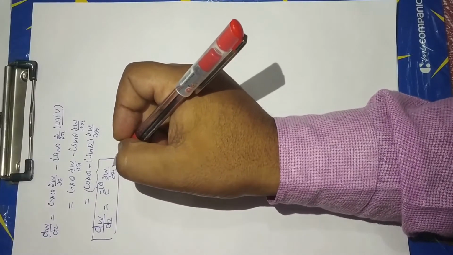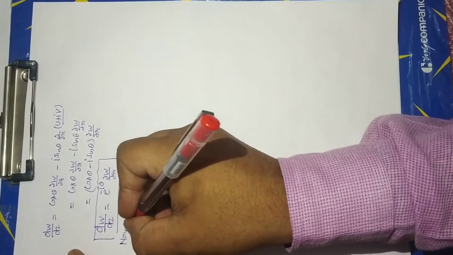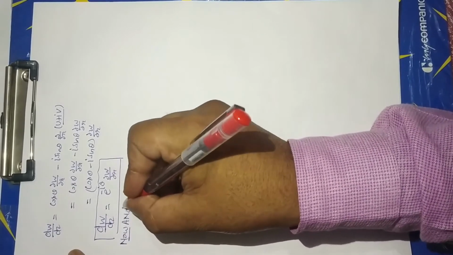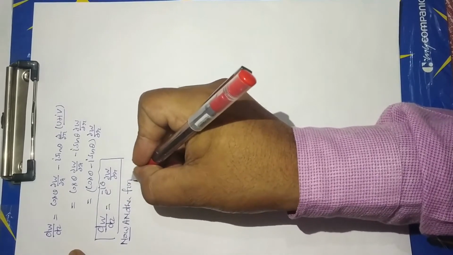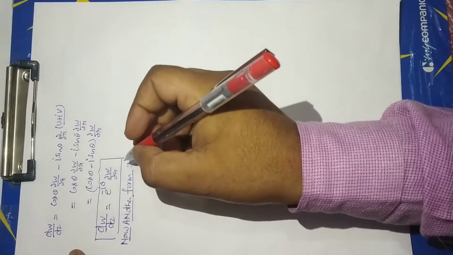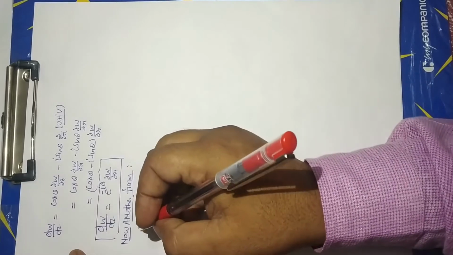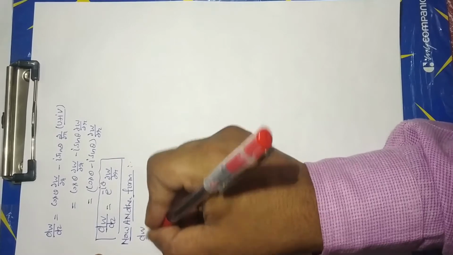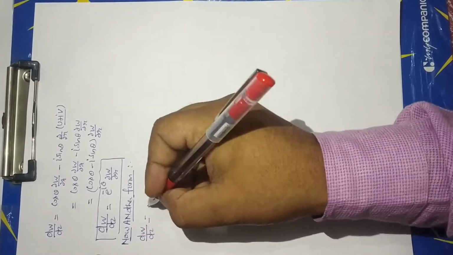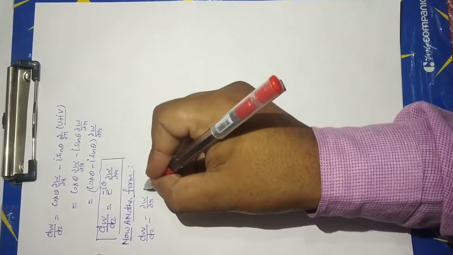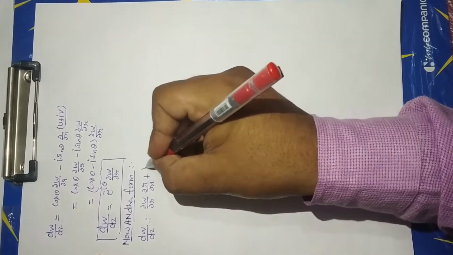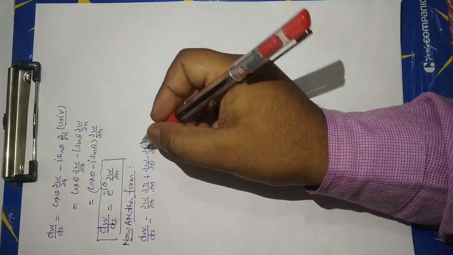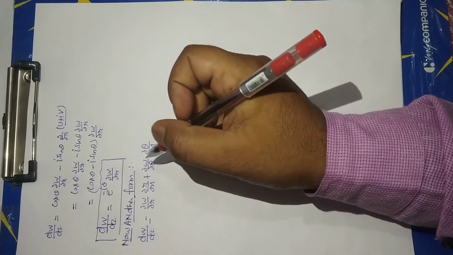Now another form of derivative. Since dw upon dz equals del W upon del r times del r upon del x plus del W upon del theta times del theta upon del x, it can be written as above.